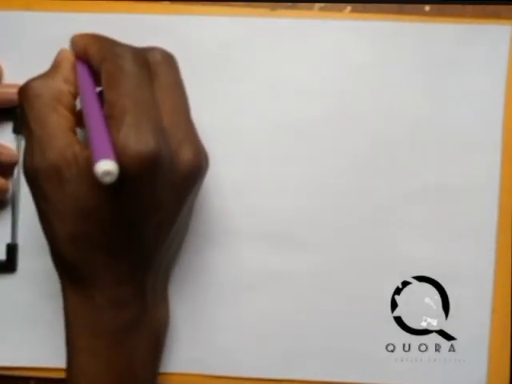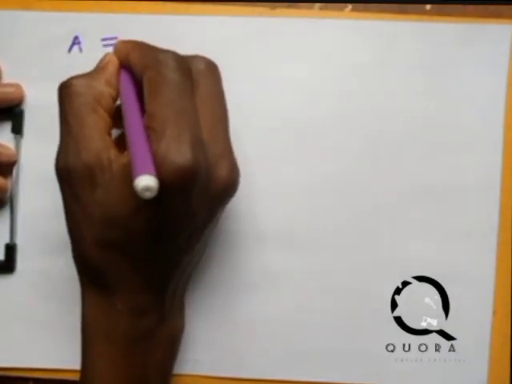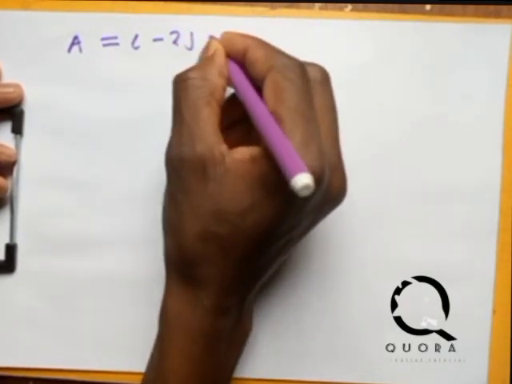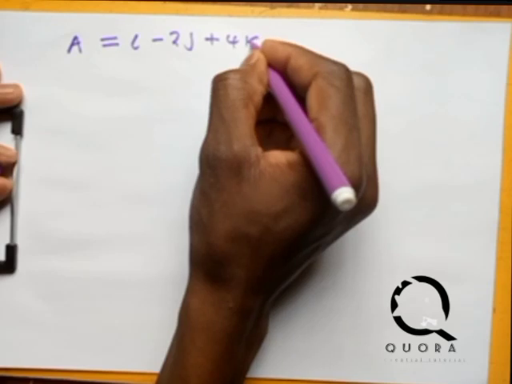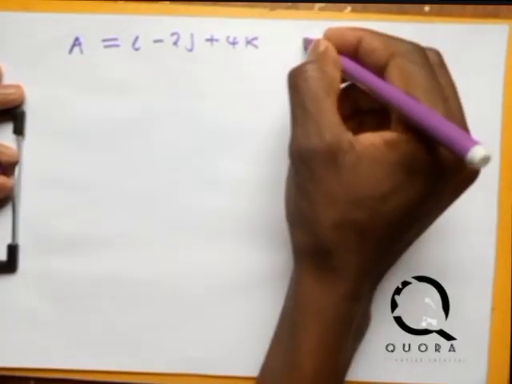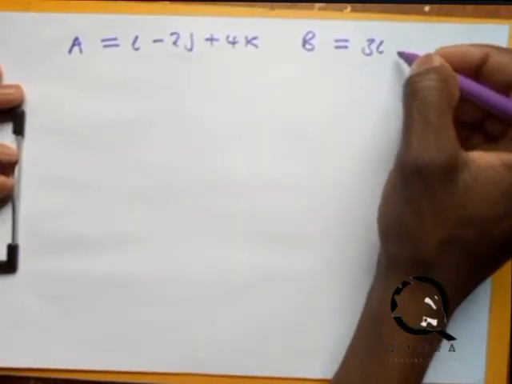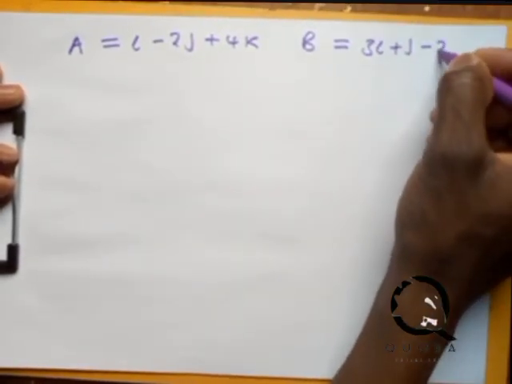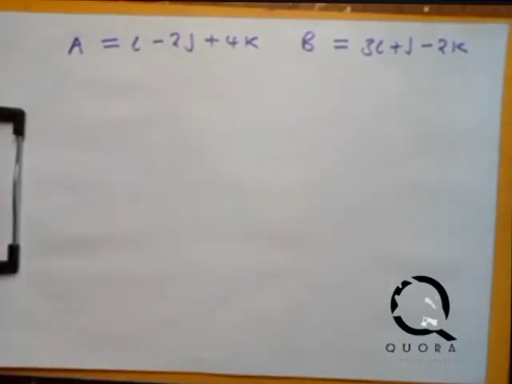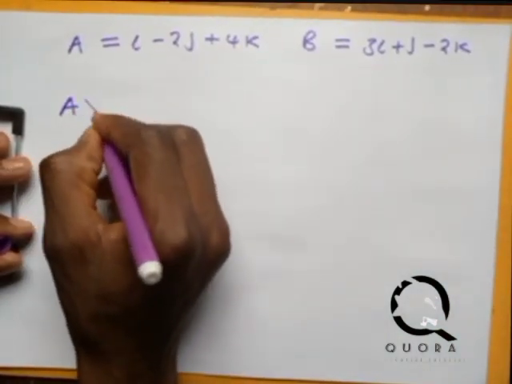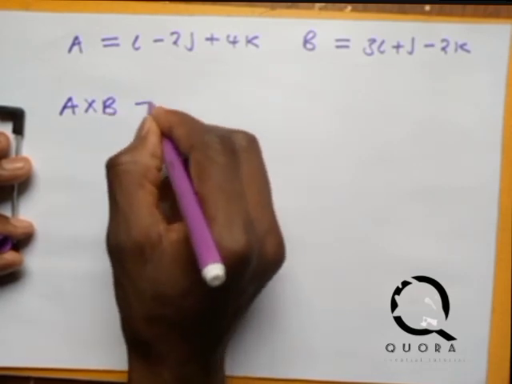We have vector A, which is equal to i minus 2j plus 4k, and vector B is given as 3i plus j minus 2k. So I'll say A cross B.